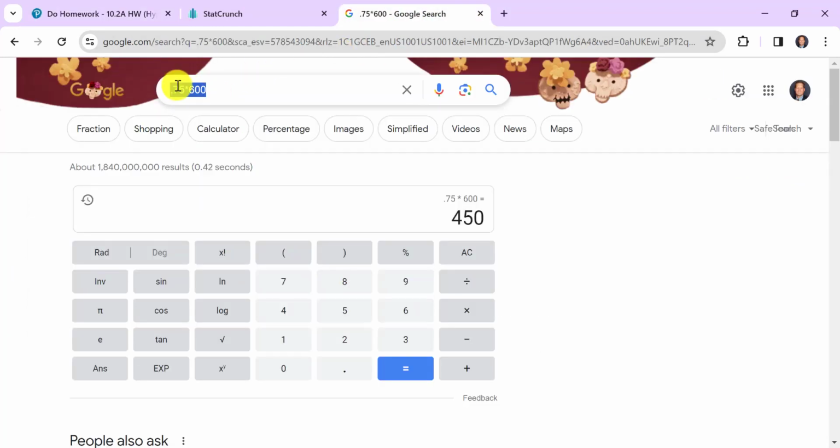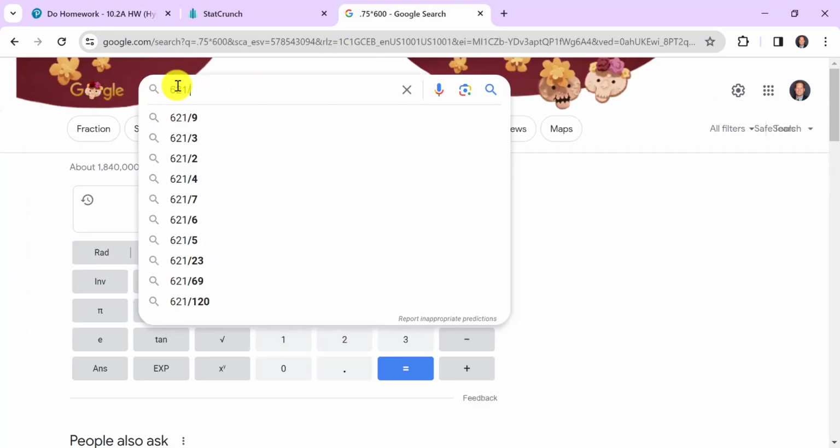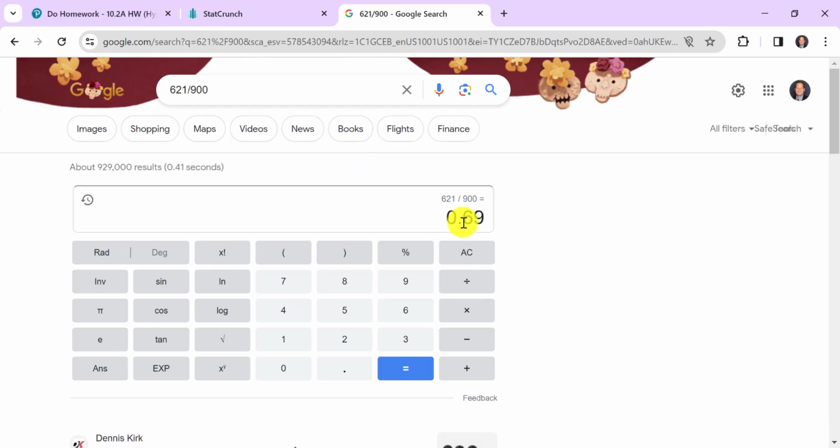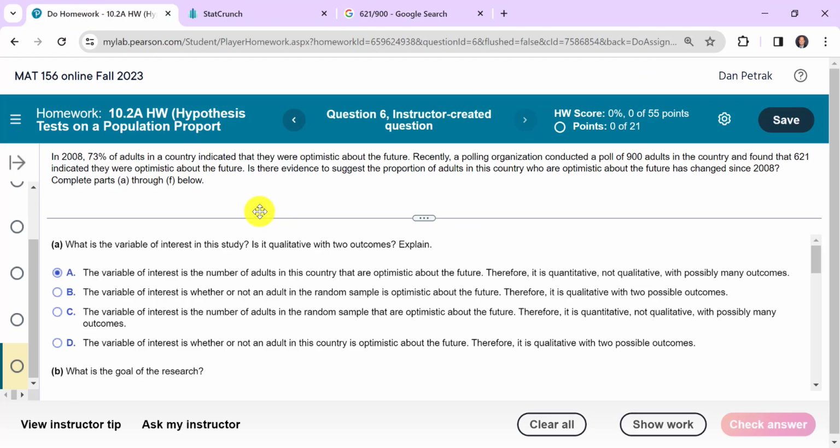Let's do that one. 621 divided by 900. And that is essentially our sample proportion. So our sample proportion is 69%, and if you look at our original, it's 73%. So we're really asking the question, is 69% statistically significantly different than 73%?